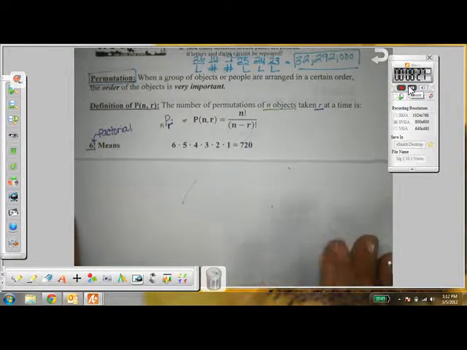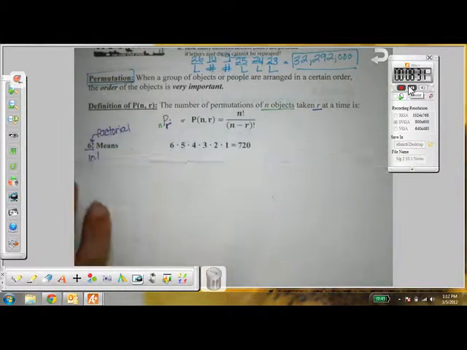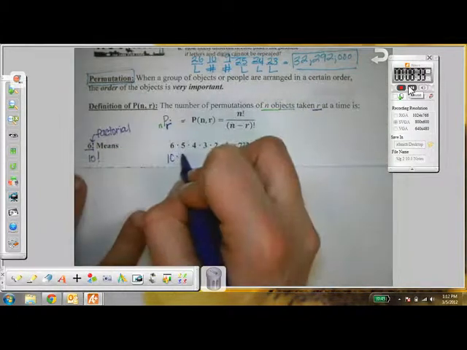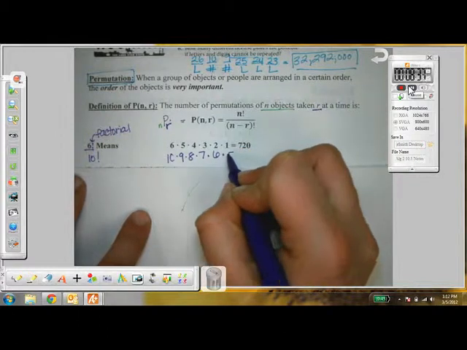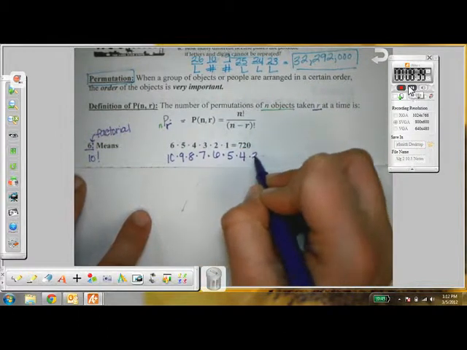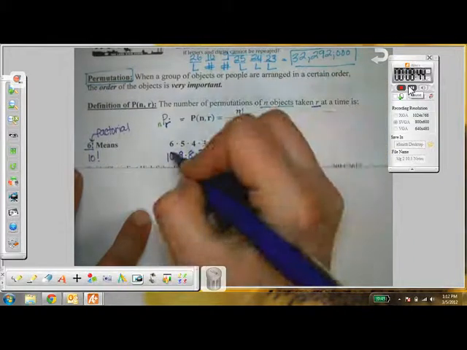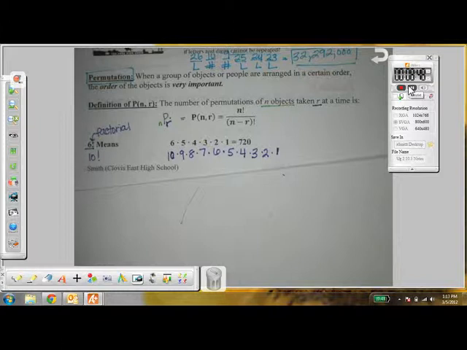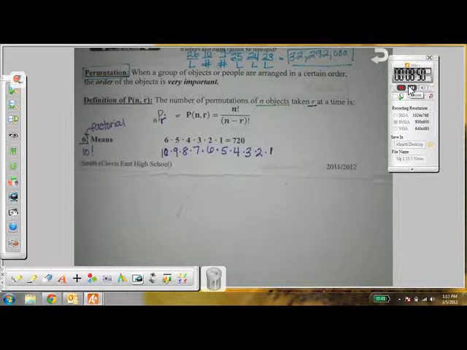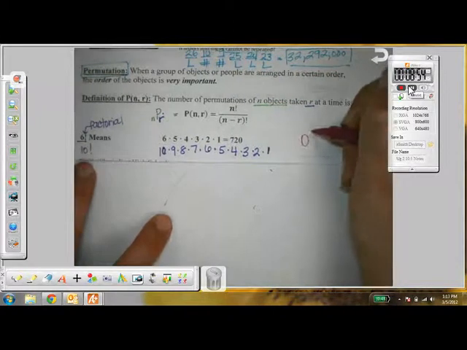So what would 10 factorial be? 10 times 9 times 8 times 7 times 6 times 5 times 4 times 3 times 2 times 1. Your calculator does have a button for that. So we do have a special case. 1 factorial is obviously going to give us 1, but we will also come across 0 factorial.